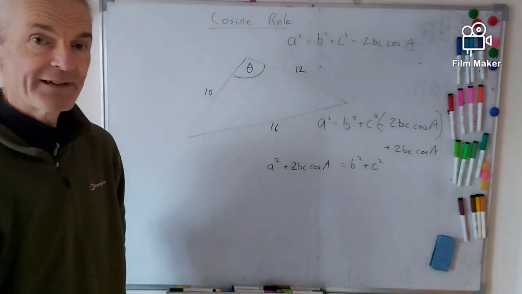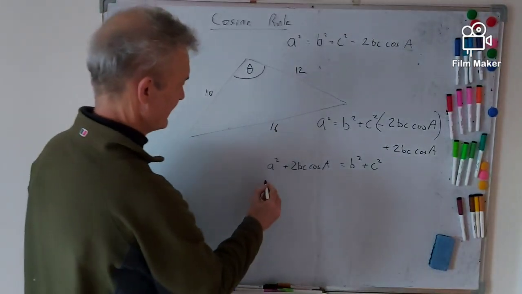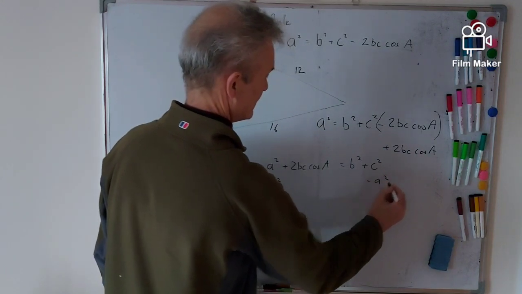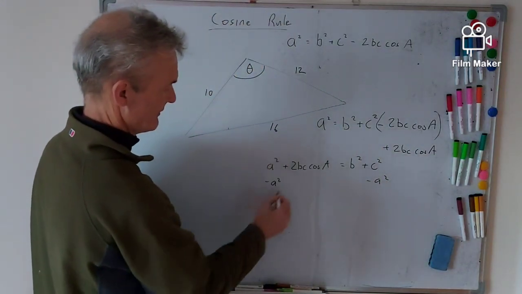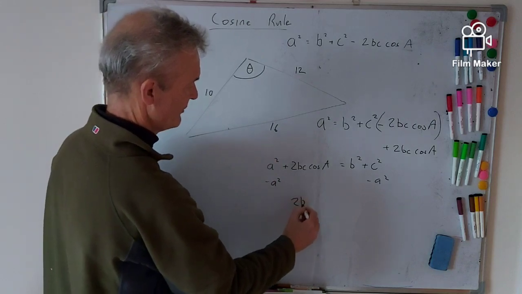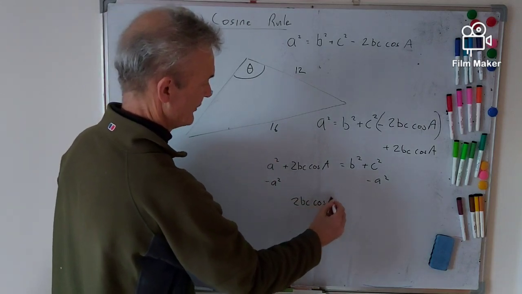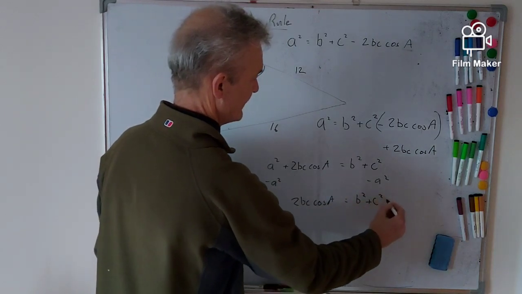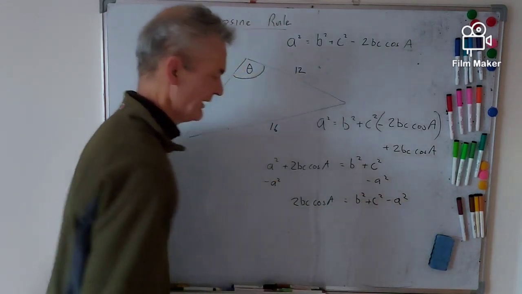Now I'm going to subtract a squared from both sides. That's going to remove the a squared from here, so we're left with 2bc cos a equals b squared plus c squared minus a squared.